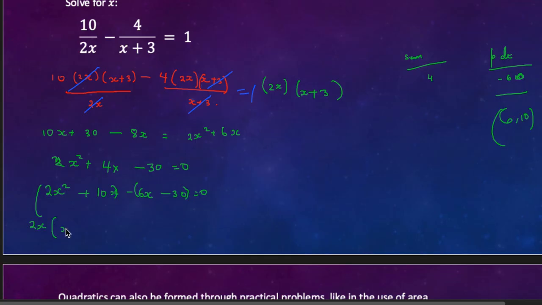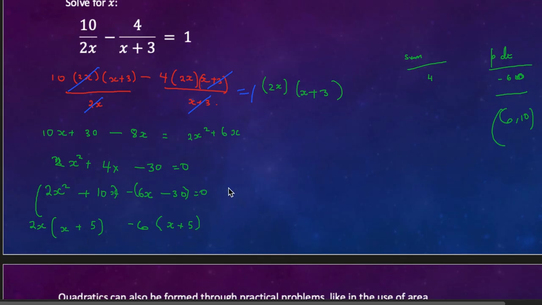And then this is x plus, what do we multiply by 2x to get 10x? 5. This has to be the same here. Just find the common one here. The common one is negative 6, and then this will be x. To get negative 30, we multiply by positive 5. Do you see that the parentheses and the contents are the same?